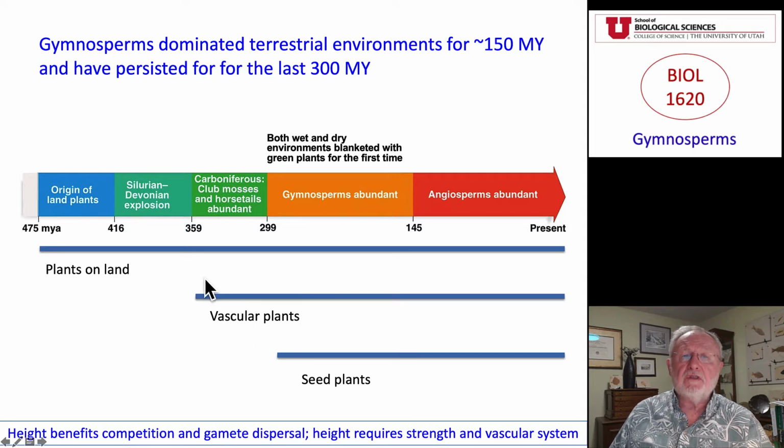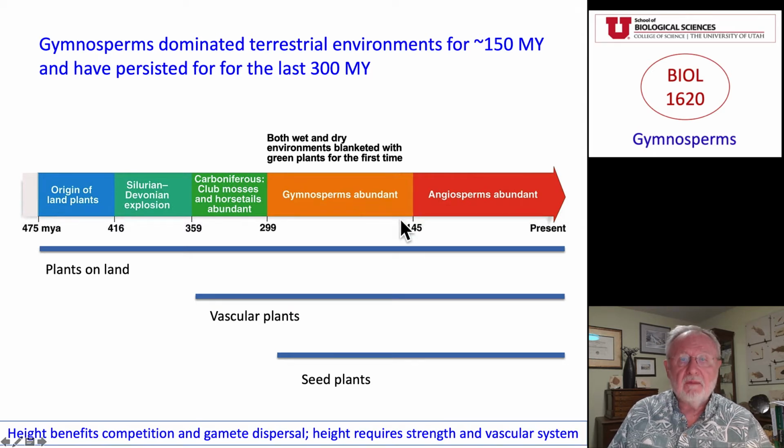After the emergence of vascular plants, at the end of the Carboniferous, the lycopods went extinct, and we saw the emergence of seed plants. The first seed plants to emerge were a group called the gymnosperms, and they dominated for about 150 million years, from 300 to 145 million years before present.